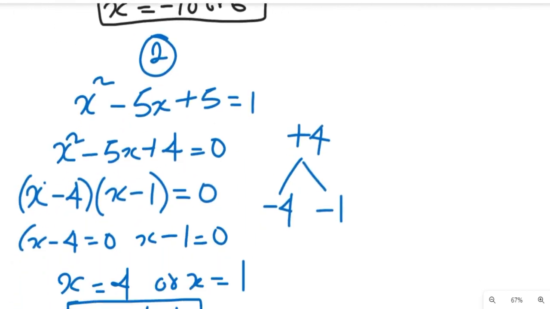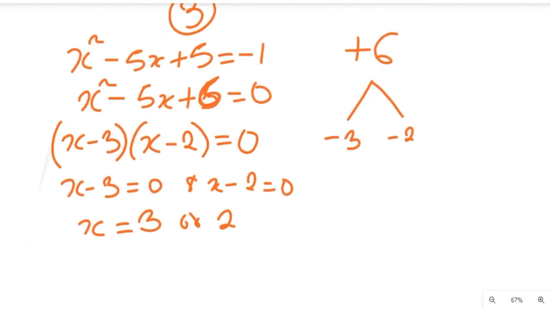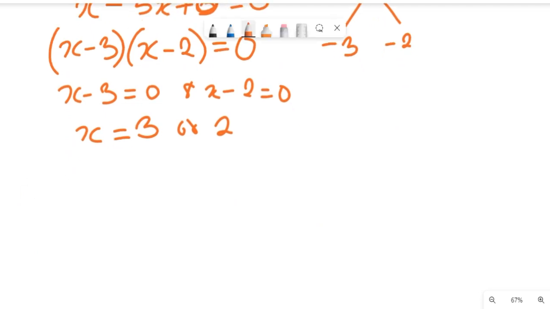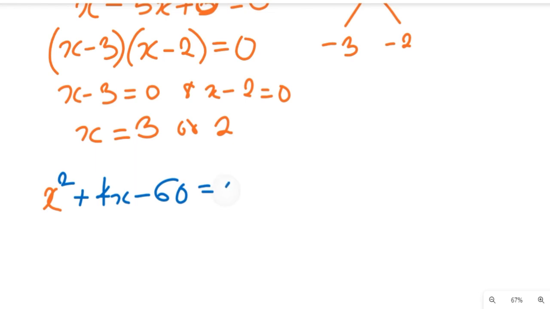Now let's confirm that statement. From this expression, we have x squared plus 4x minus 60. Now let's look at the first condition.